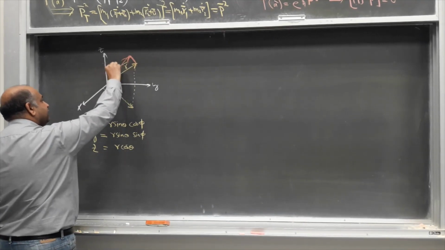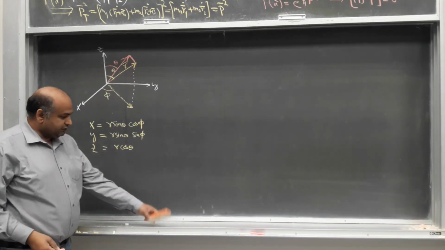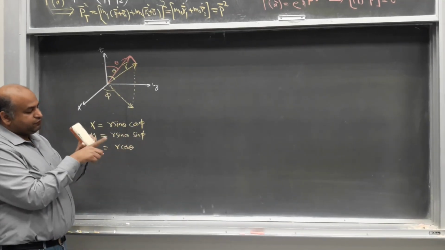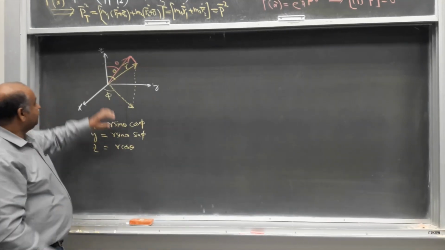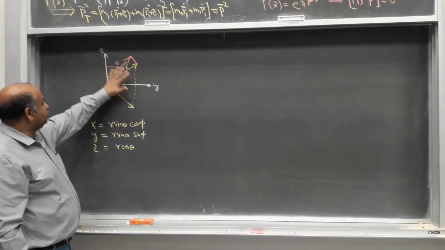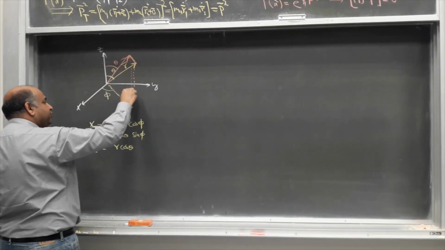The angle with the z-axis remains the same, because we are rotating the vector around it, even though unfortunately I cannot show that on this 2D board.